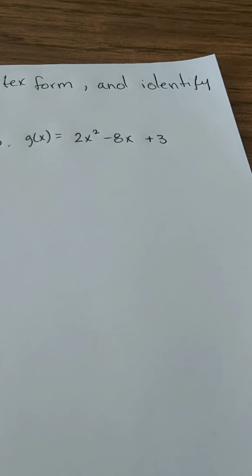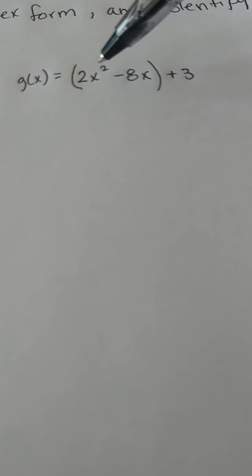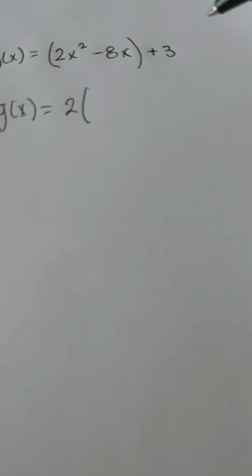Now the same happens in part B. We have g of x equals 2x squared minus 8x plus 3. The first thing is to group our variables. Notice that our a is 2, so we have to factor it out. We put this 2 outside: g of x equals 2 times, 2 times what equals 2x squared? 2 times x squared.